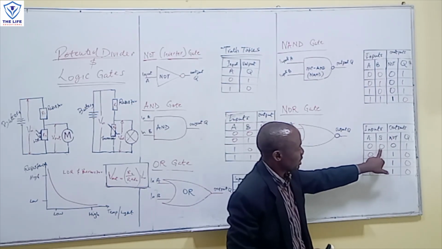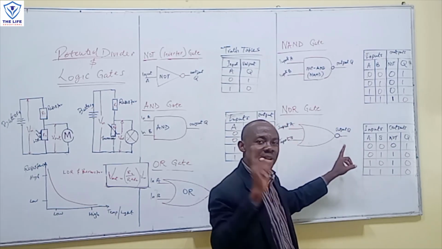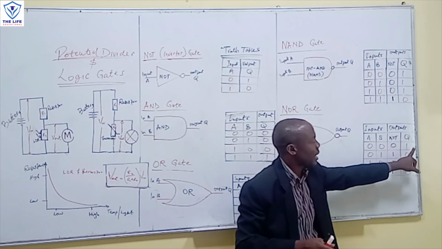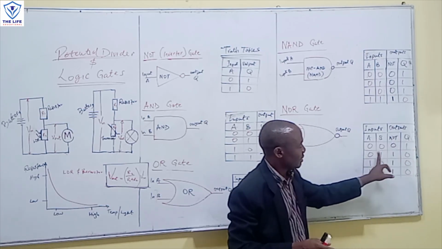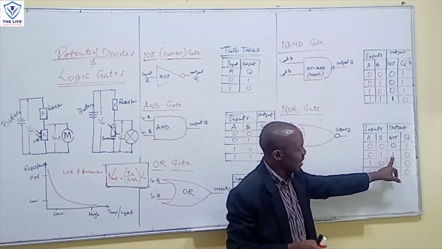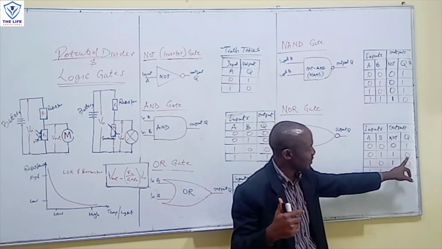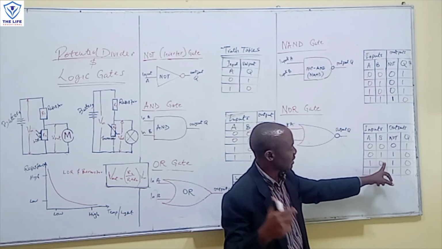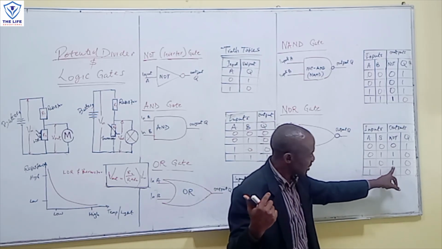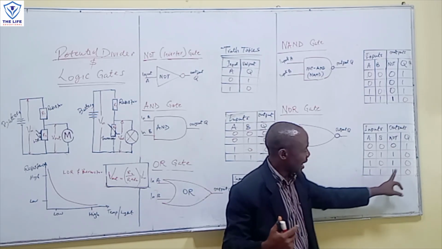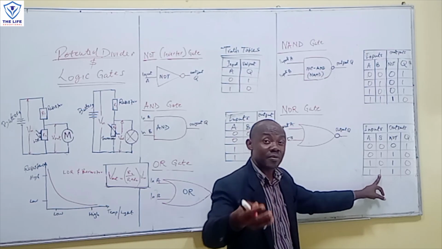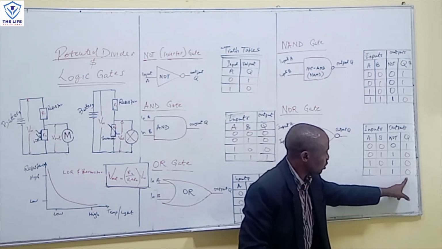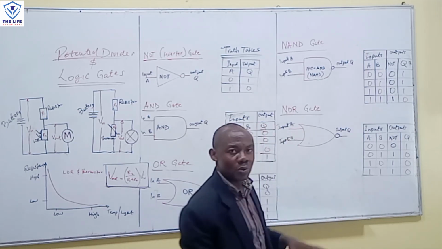For low, which is 0, 0, if it's an OR gate, I'm supposed to have low, which is 0. Now I have 1. 0, 1, instead of me having 1 for OR gate, I'm having 0. And 1, 0, if it's an OR gate, I should have 1, but I'm having 0 because of the NOT. And 1, 1, of course, for an OR gate, both of them are high, so I'm supposed to have 1, but I'm having 0. So please ensure you look at this closely.